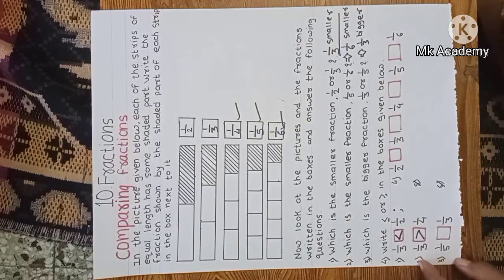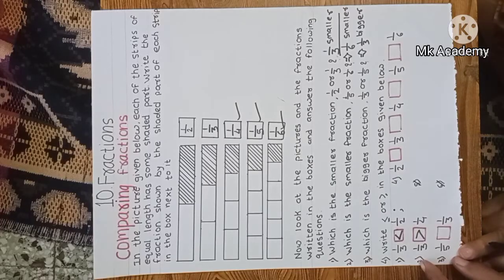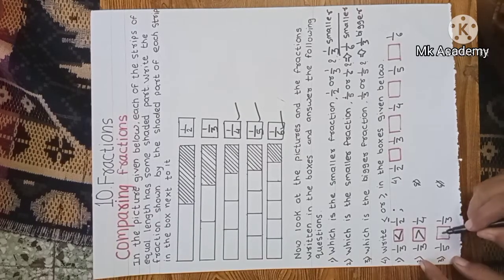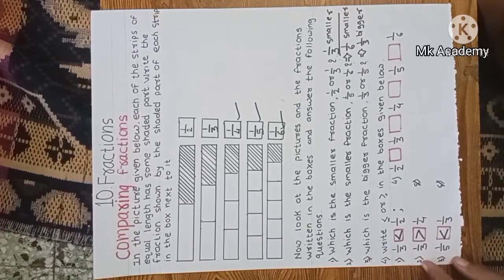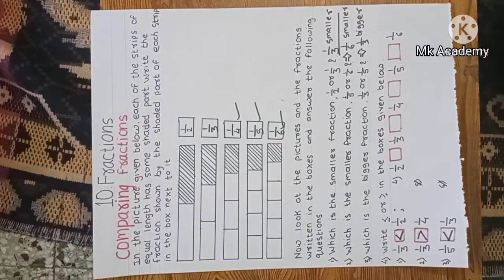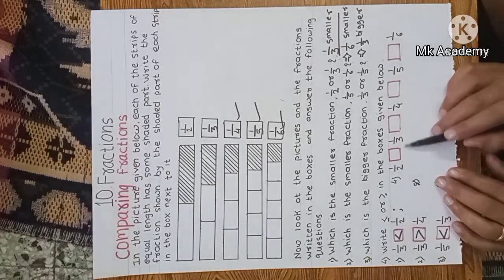Now next, 1/5 and 1/3. In these two fractions 1/5 is smaller and 1/3 is bigger, therefore this side is on this 1/3.